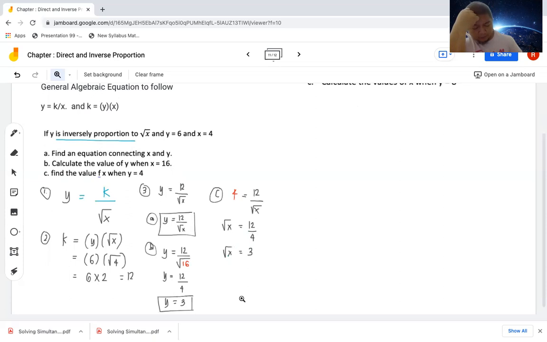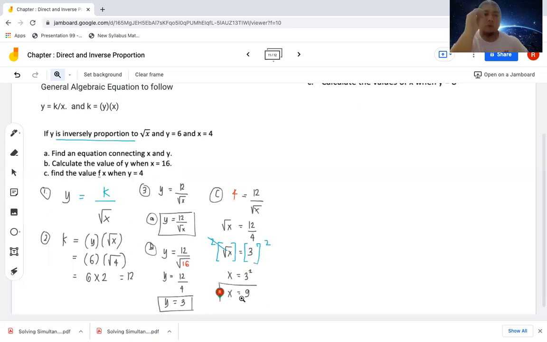If you are confused on how to get that particular number, all you need to do is eliminate the radical sign by squaring both sides of the equation. So we can eliminate this one, and this gives us x equals 3 squared, and we know that 3 squared is 9.